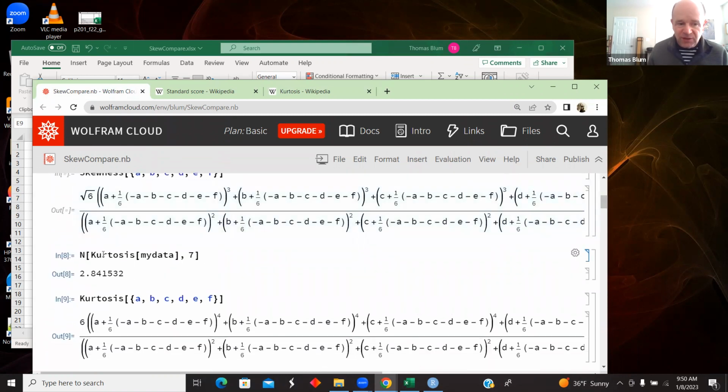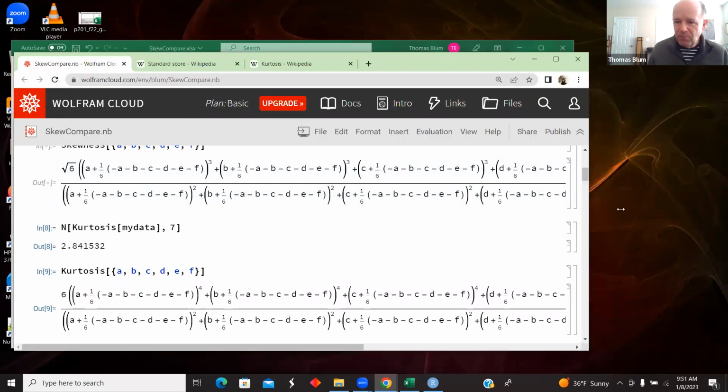So I'm taking the kurtosis of my data to 7 significant digits and figuring out numerically, because Mathematica likes to do things exactly, and I'm getting, again, 2.8415. So that is the definition used by Mathematica.